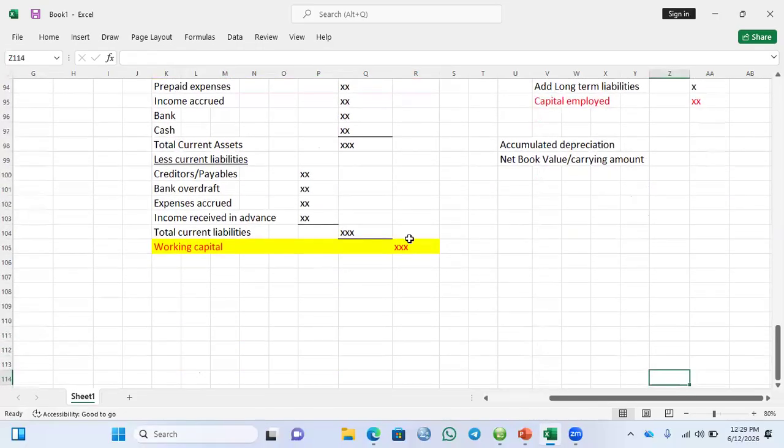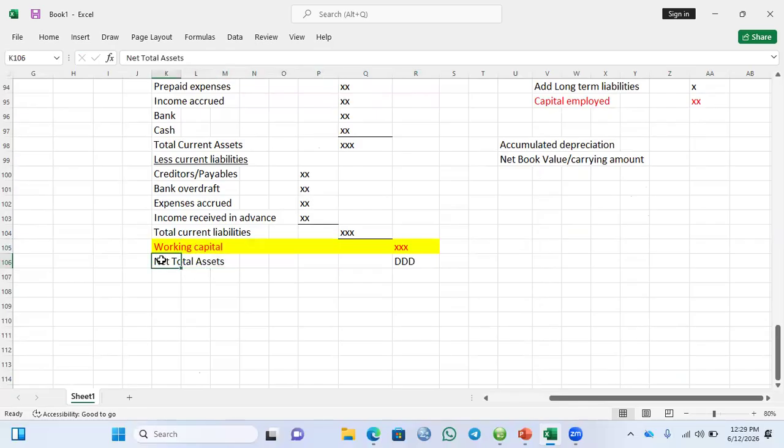Okay. So when we add the two, then we get the net total assets. Let me use DTT to represent that. The net total assets.